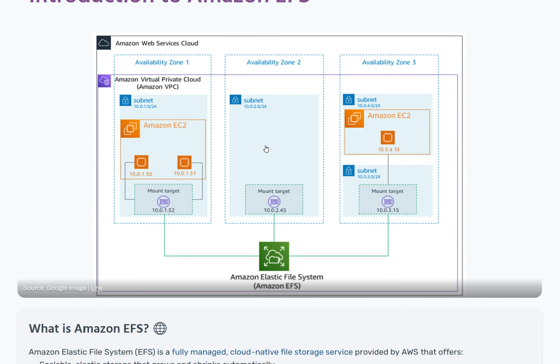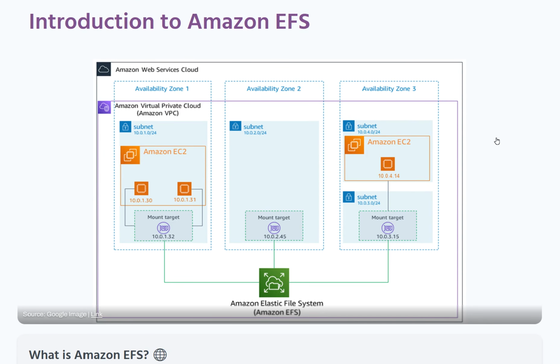So here is an example. It's a VPC, virtual private cloud in Amazon, and you can see three different data centers, availability zones 1, 2, 3. That's different data centers. Data center one has two computers, the middle one doesn't have a computer, though zone three has a computer.